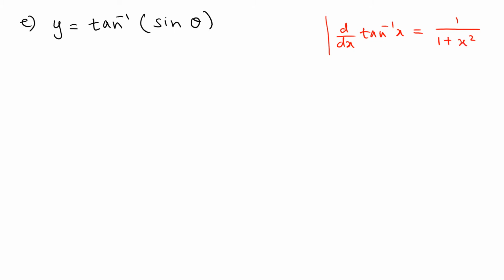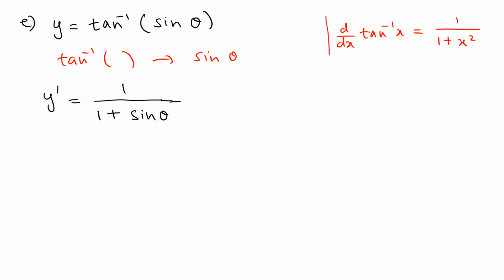So if you use that, what will happen here is, you can see the chain: we're going to start with tan inverse, and that's the first function, and then it's going to go to sine. So that's the second function. So let's try the derivative now. y prime equal, so it's a tan inverse, so that means 1 over 1 plus something squared, so it is sine theta squared.